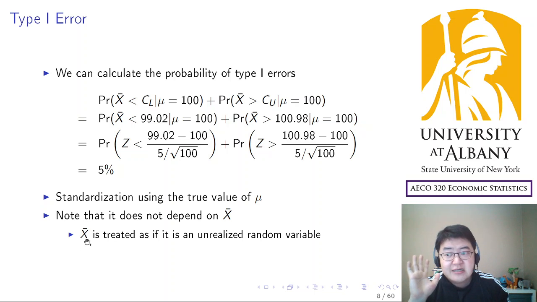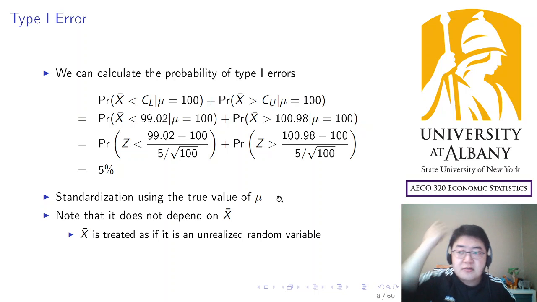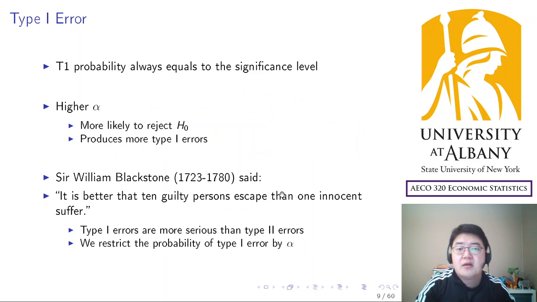It is just an unrealized random variable. Still, there is no problem. As long as it is random, it does not matter. So simply speaking, type 1 error probability always equals the significance level.